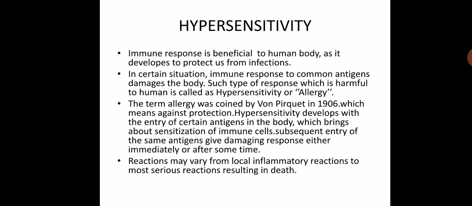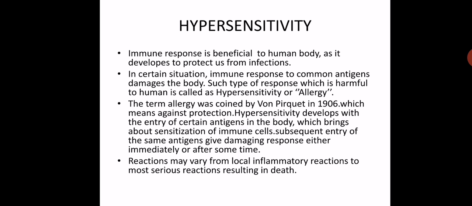So we can classify hypersensitivity basically into two main types, immediate and delayed. Immediate type of hypersensitivity refers to the development of allergic reaction or response immediately after the introduction of antigen.